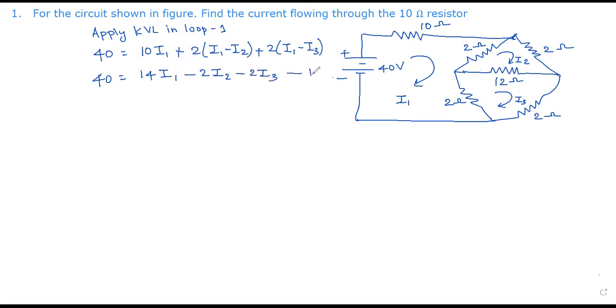The basic mathematical steps are involved between these two steps, so you can verify them. This is equation number 1. So we applied Kirchhoff's voltage law for loop 1, and we got one equation.